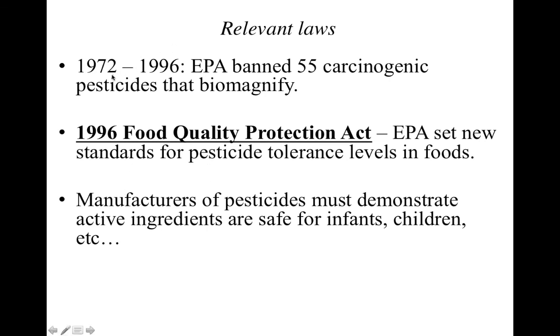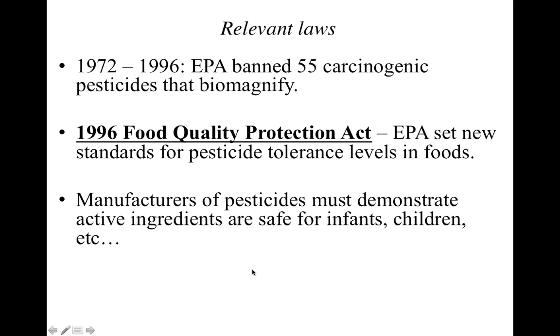So between 1972 and 1996, the EPA banned 55 carcinogenic pesticides. Carcinogenic means something that causes cancer. So the EPA has banned 55 pesticides that are carcinogenic and that also bioaccumulate or biomagnify. With the 1996 Food Quality Protection Act, the EPA set new standards for pesticide tolerance levels in foods.